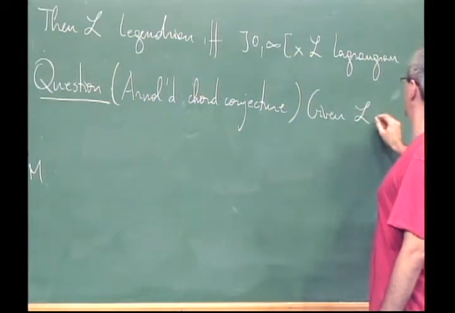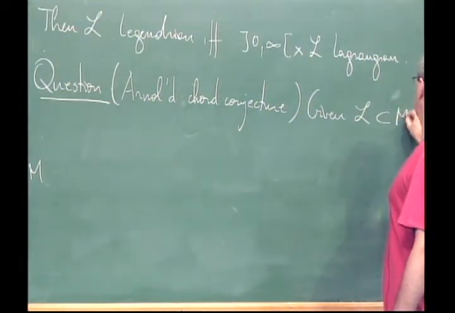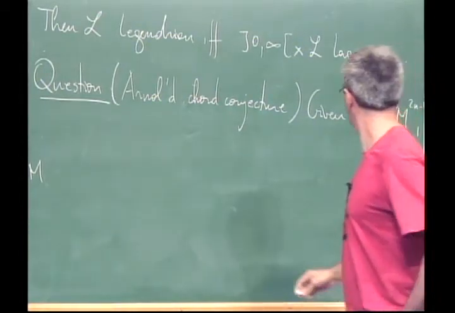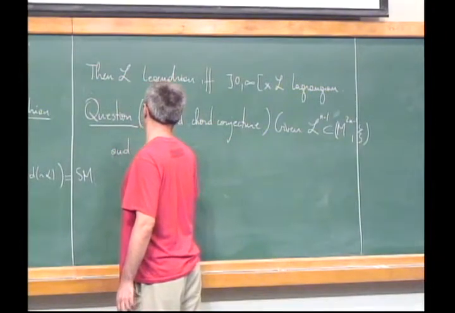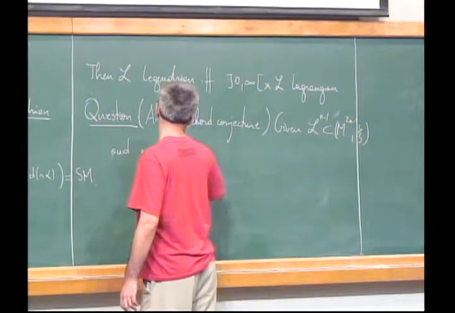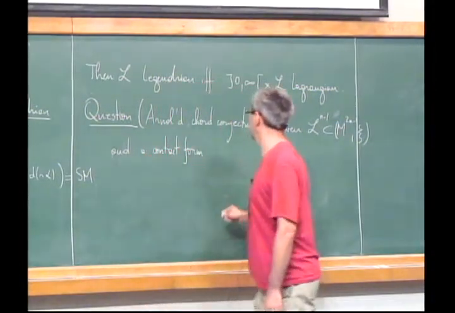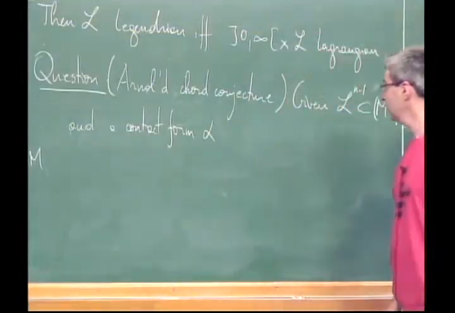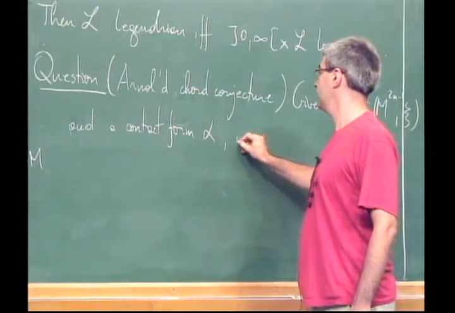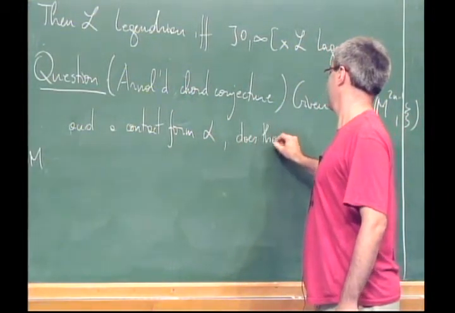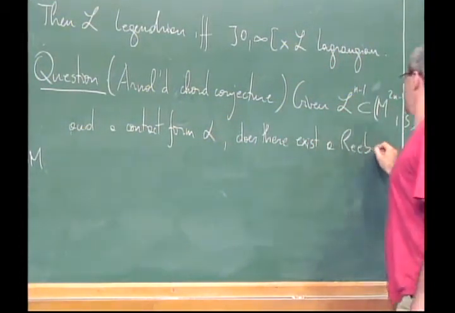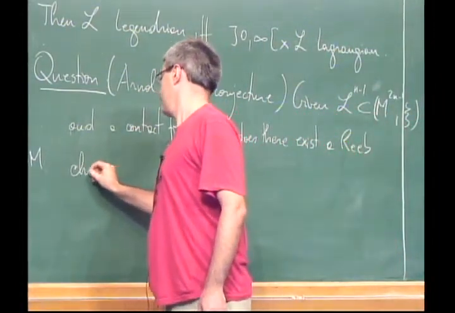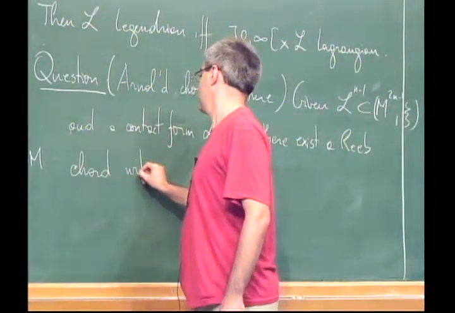Given some Lagrangian in a contact manifold, right, and a contact form alpha, does there exist a Reeb chord with endpoints on L?